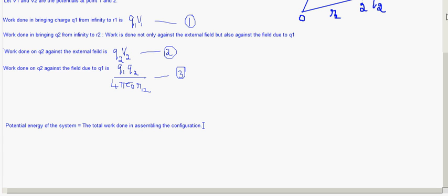So, this is equal to Q1 into V1 plus Q2 into V2 plus Q1 Q2 divided by 4 pi epsilon naught into R12.